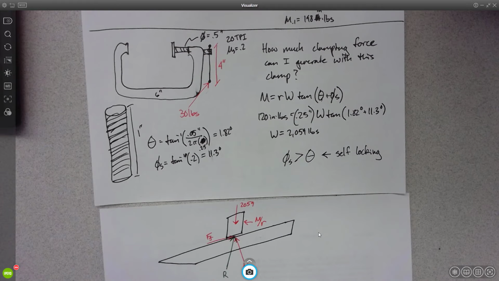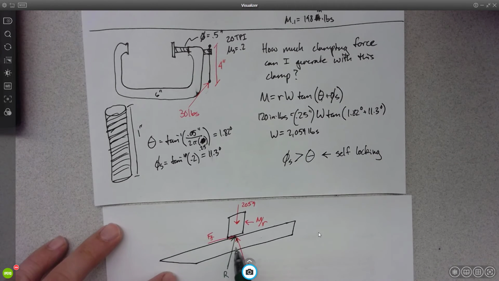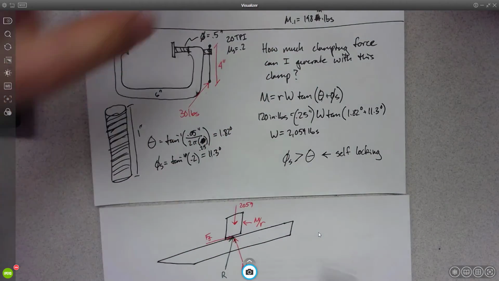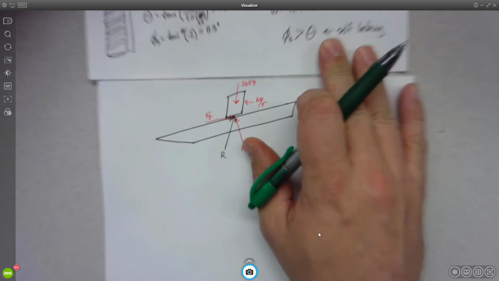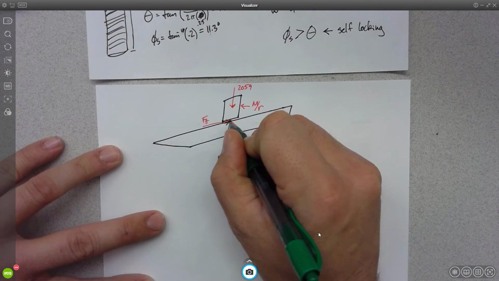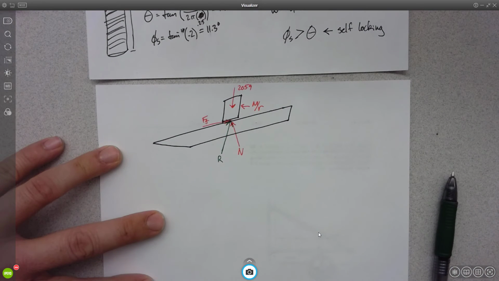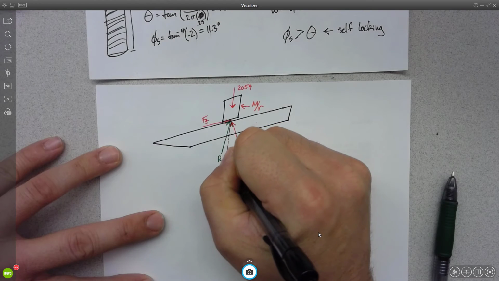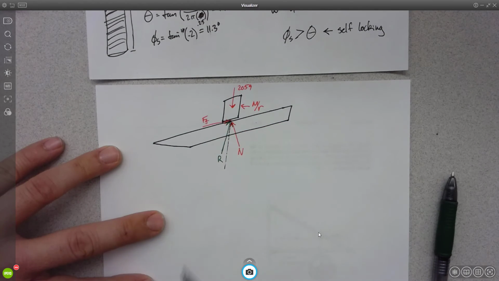Okay. R is not straight up. R is canted a little bit this way. Okay. So let's think about this for a second. We know, let me put a straight up line for you on here. There's my straight up line.